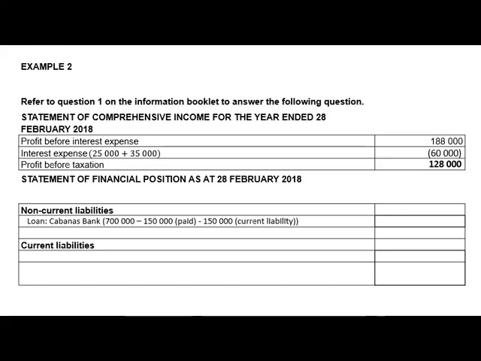Where am I putting it? Current. I'm putting it under current. So that one under current, guys, is the one that will be repaid in 2019. And then our accrued expense is still 35,000 because they specify that we were not paying for interest. We were paying only for the principal amount.